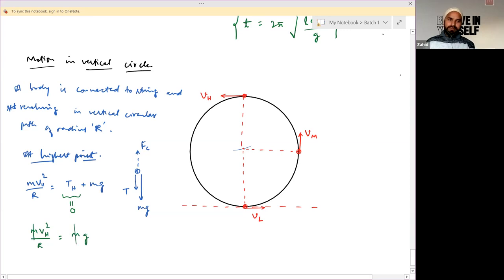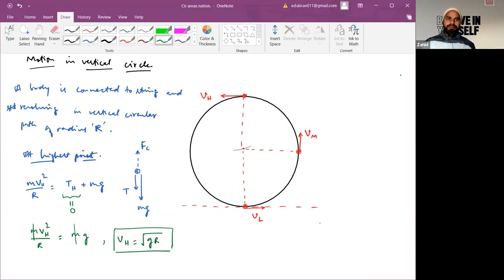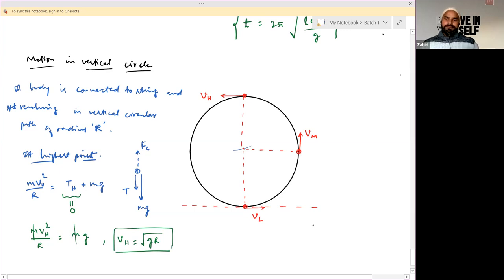M and m will cancel out. So you will get velocity at highest point equals to root under g r. Is it clear? Yes, sir. Okay. Just write it down till this part.